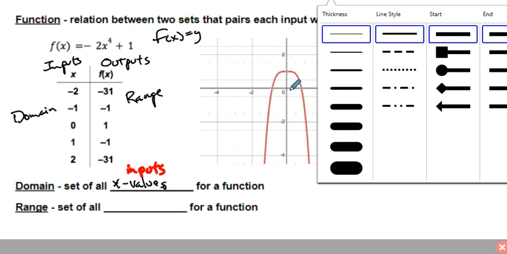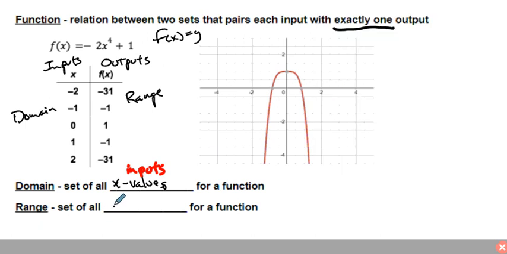Your range is the set of all your resulting y values, or to put it in other language, all of your outputs. So it's the set of your outputs for a function. The big thing here is to remember we're going to be using this domain and range.